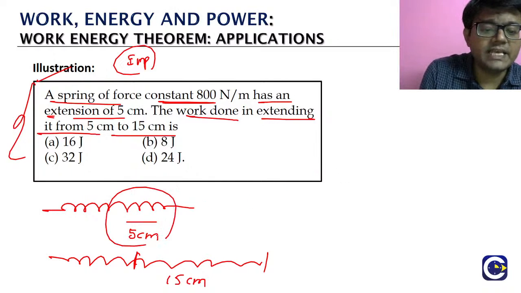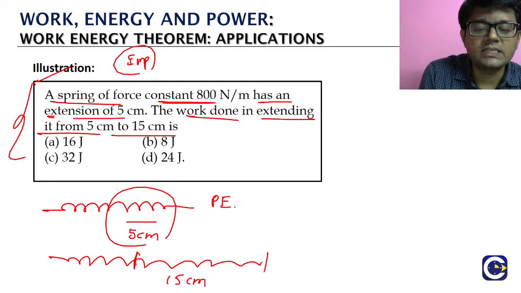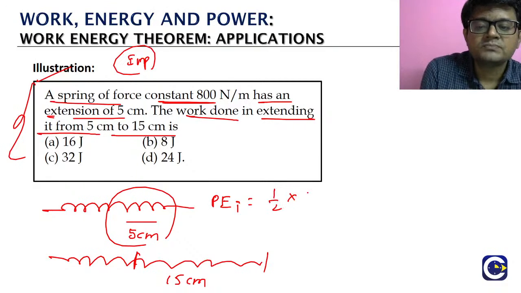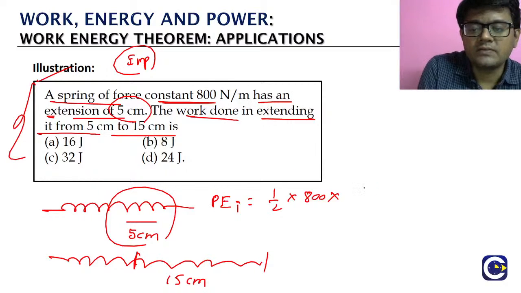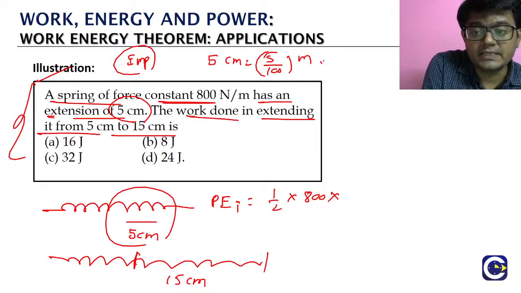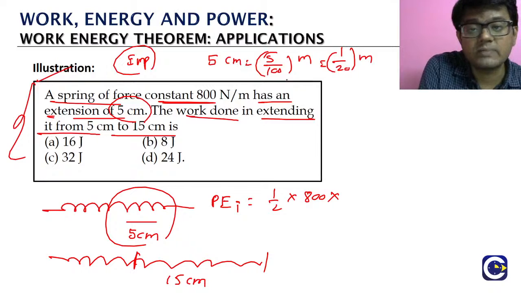When it is initially having extension, idhilende we can calculate what is the initial spring potential energy. Eppadi calculate pandrathu? Half into 800 into x square idana, which is what? 5 centimeters. Inga parunga, idu eppadi iruka? Centimeters iruka. So we have to 5 centimeter means what? 5 by 100 meters, which means what? 1 by 20 meter. 5 by 100 anna evladi? 1 by 20 dana.